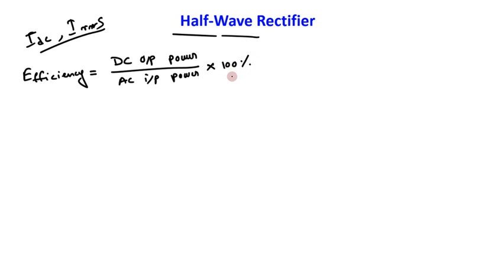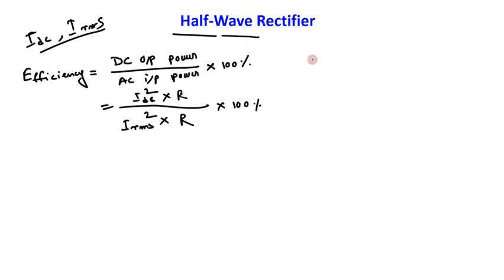What is the DC output power? It is IDC square into the resistance R, the output resistance. What is the AC input power? It is IRMS square into the resistance R, into 100%.